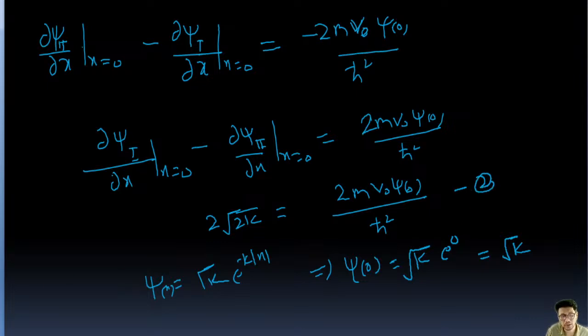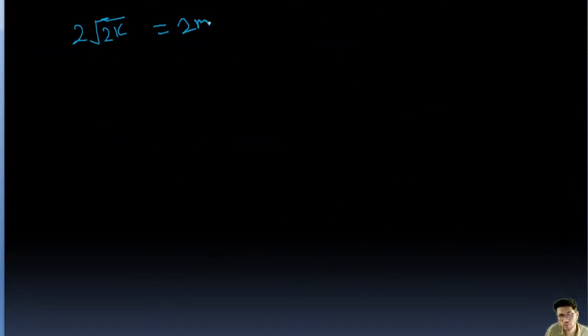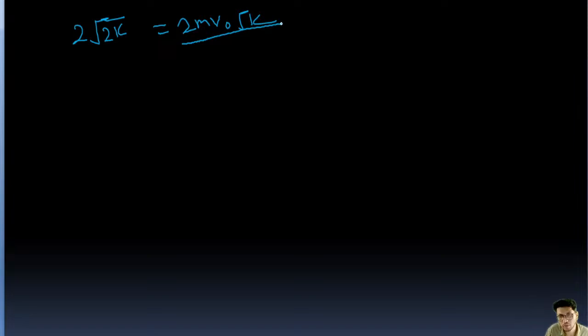So this is going to be 2 root 2k equal to 2m v naught, and psi naught value is root k, we have found here, upon h cut square.